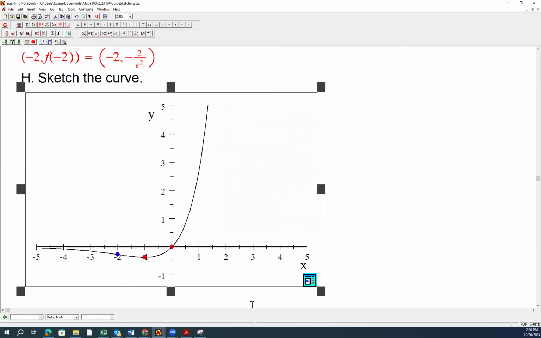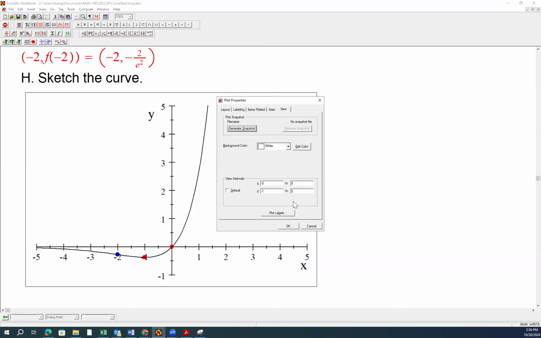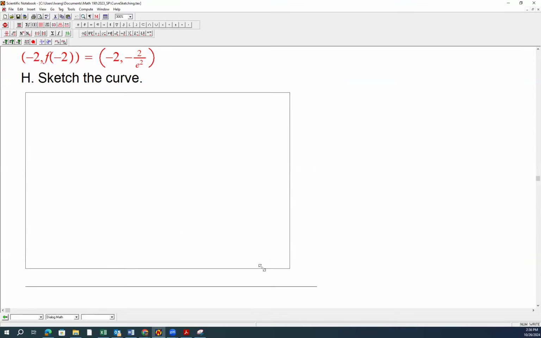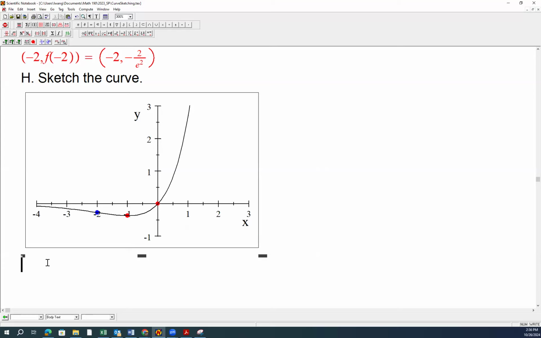So that's the picture, right? We can make a little more adjustment on the view, so we can put it on 3, on the other side -4, and on this piece a 3. You see how the picture looks. Something like that. So this is the third example in this section.